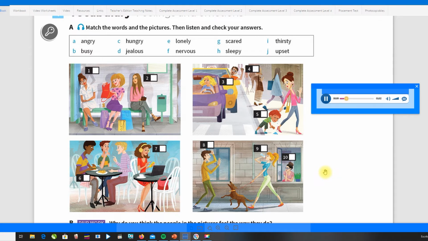Feelings and emotions. 1, H. Sleepy. 2, D. Jealous. 3, J. Upset. 4, A. Angry. 5, F. Nervous. 6, B. Busy. 7, C. Hungry. 8, G. Scared. 9, I. Thirsty. 10, E. Lonely.